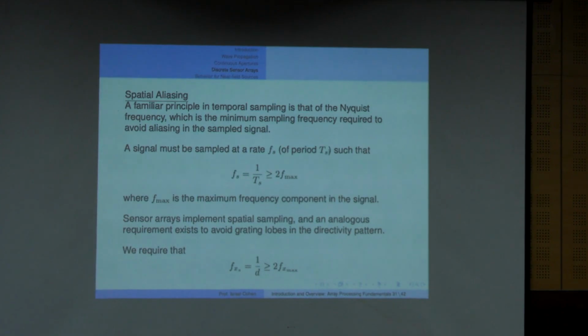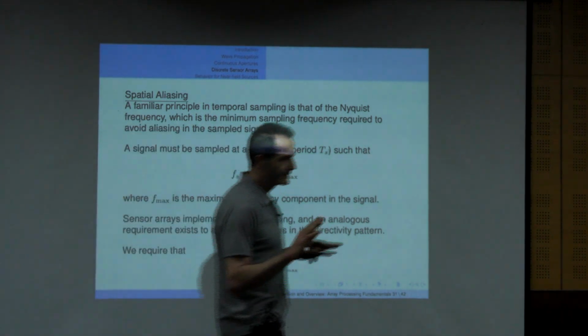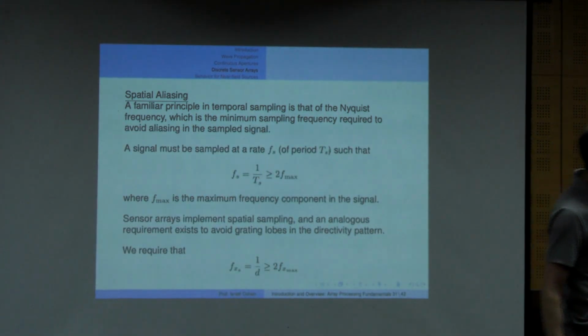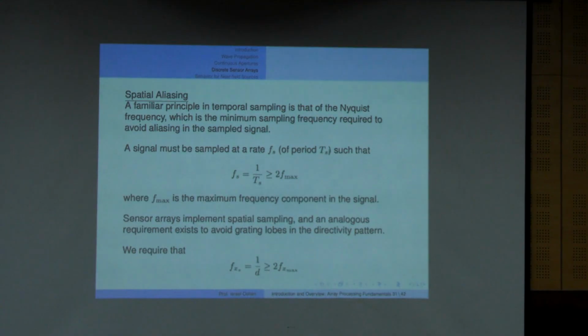So we cannot distinguish between them, which means that in order to not have aliasing, we design the maximum response to a certain direction, okay? Suppose here that we design it to a certain direction. This is the maximum, and all these are side lobes. But it depends on the frequency.